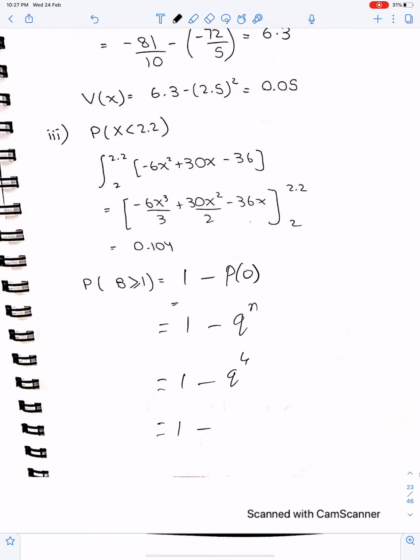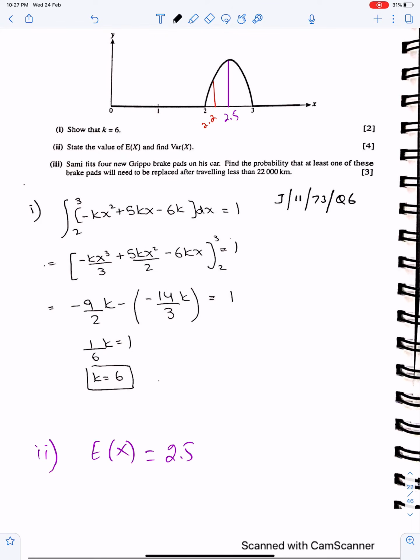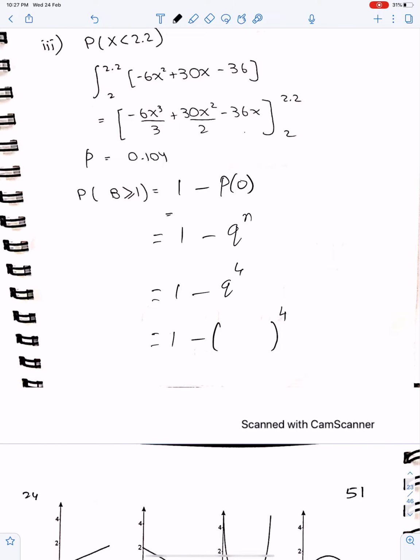So 1 minus Q to the power 4. And what is Q? Find the probability that at least one of these brake pads will need to be replaced after traveling less than 2.2. So your P is this. So Q will be 1 minus P. 1 minus 0.104.